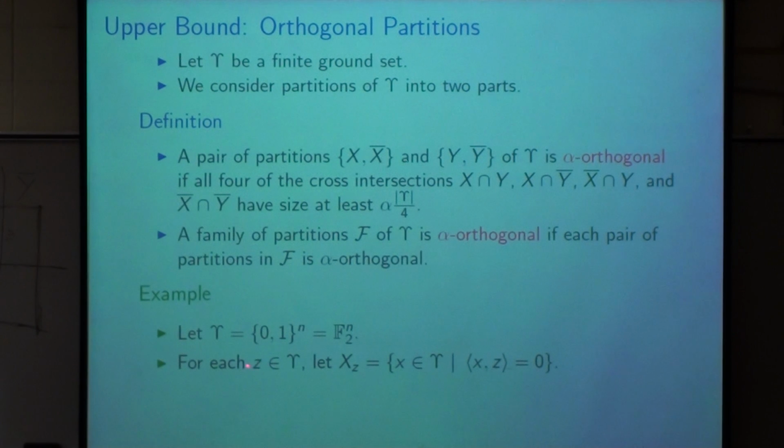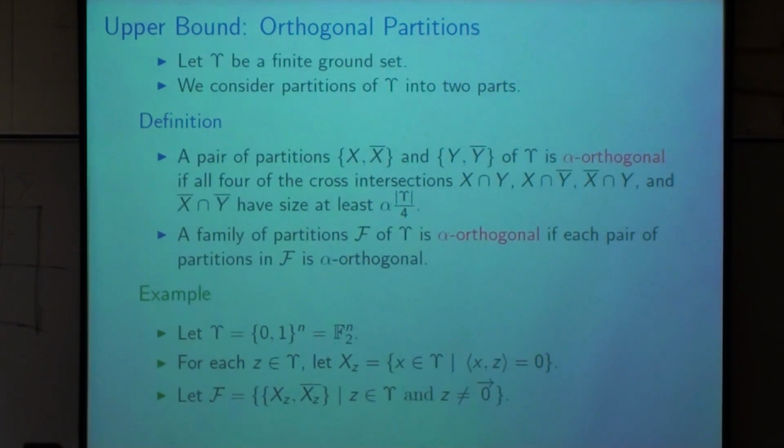For each element z in the ground set, we let x sub z be the set of vectors which are orthogonal to z. That gives us a subset of the ground set. And we collect all of these partitions for each such z, throwing away the zero vector.